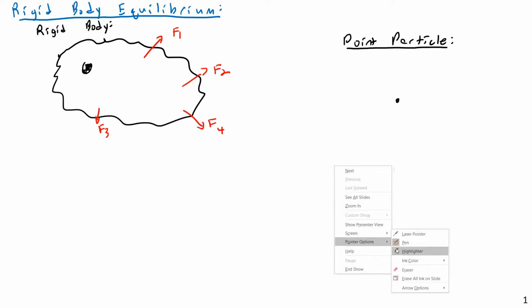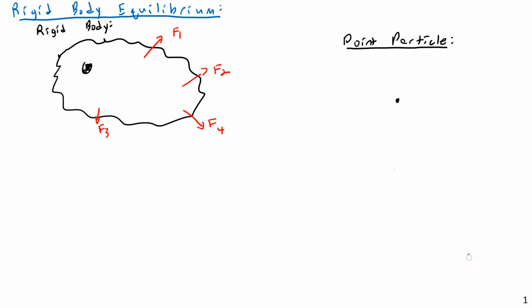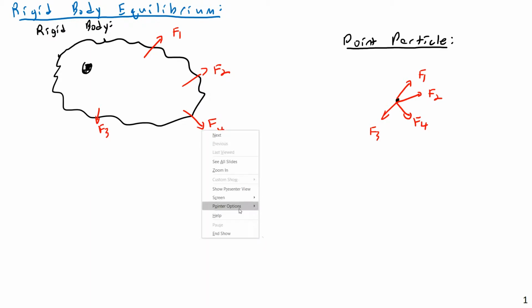So if we were to draw an equivalent system here, I can show an F1, an F2, maybe an F3, and an F4. And I'll forego the vector signs for now, but of course these would all be vectors rather than just scalars. So if I were to do this properly, I'd put a little vector sign over all these. Now let's talk about equations of equilibrium.